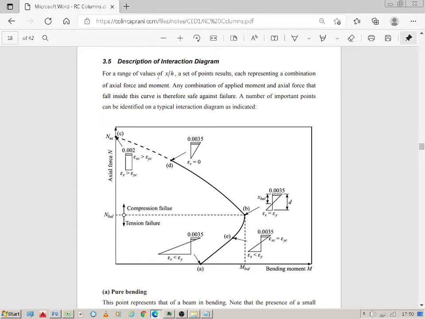For a range of values of x over h, where x is the depth to the neutral axis and h is the depth of the section, a set of points results, each representing a combination of axial force and moment, and it is basically plotted like on this interaction diagram. Any combination of applied moment and axial force that falls inside the curve is therefore safe against failure. A number of important points can be identified in a typical interaction diagram as indicated below.